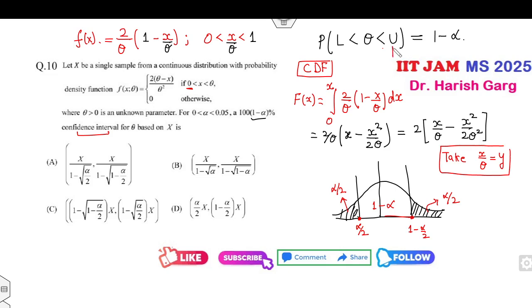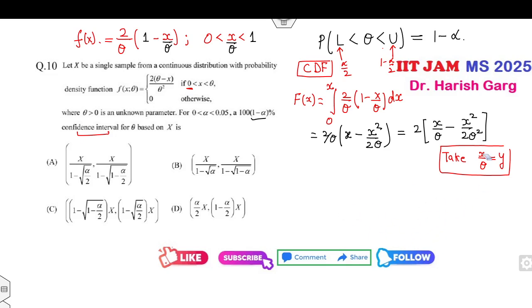Fine. So this upper limit is my basically 1 minus alpha by 2. This lower limit is my basically alpha by 2. Then only it becomes my 1 minus alpha. Now that's, I think that's over. Now once you get this, x over theta is y. So this CDF is basically my 2y minus y square by 2, or I can say 2y minus y square.